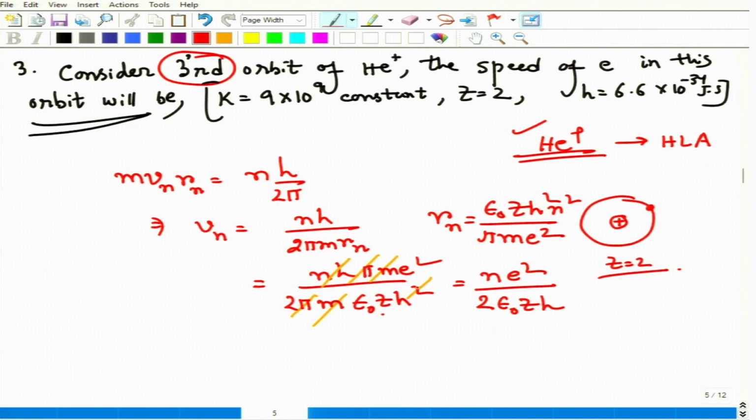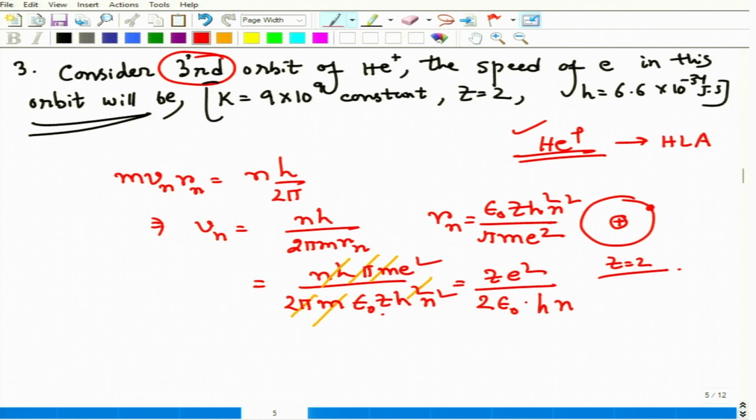For n there should be n square. So in that case here will be n square, 1 by n will be there, Z by n, Z square. This should be like this.